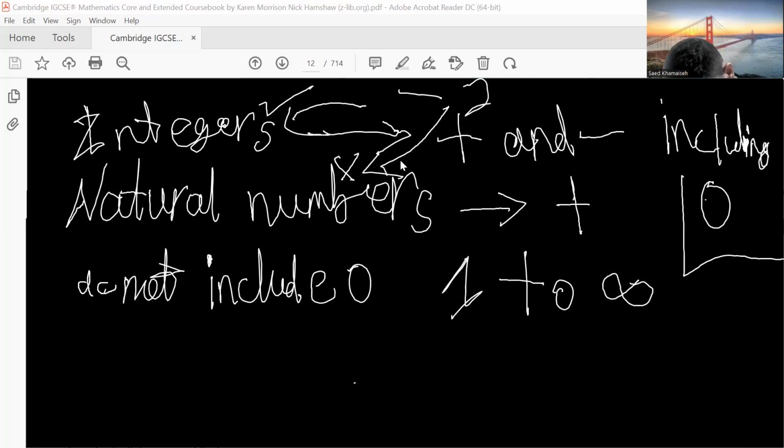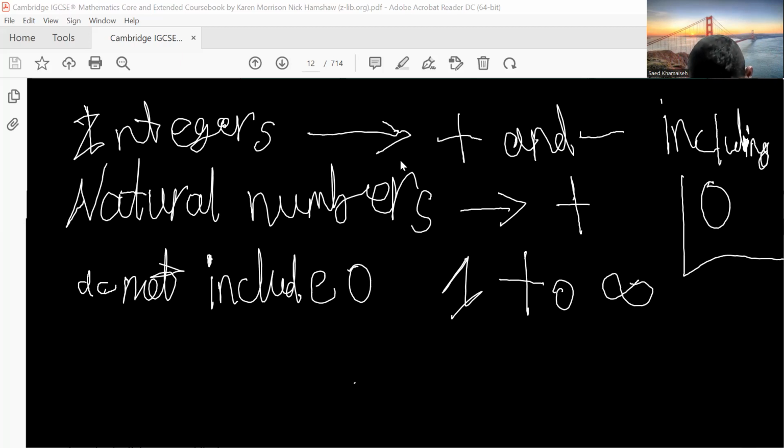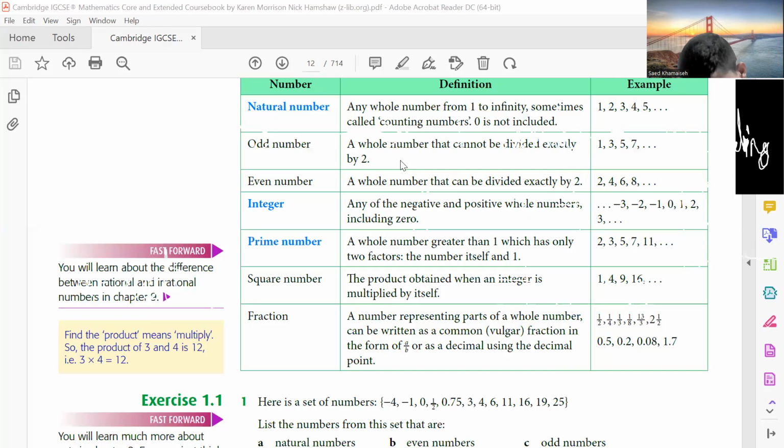Okay, so we discuss here the natural numbers and the integers.